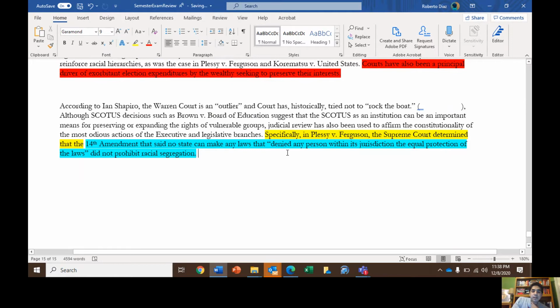So specifically in Plessy versus Ferguson, the Supreme Court determined that the 14th Amendment that said no state can make laws that denied any person within its jurisdiction the equal protection laws did not prohibit racial segregation.